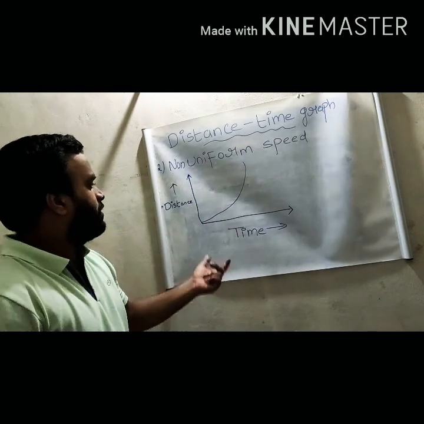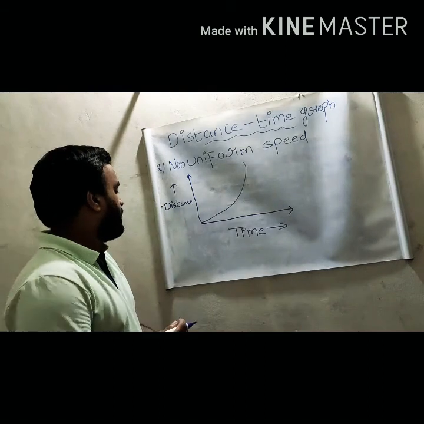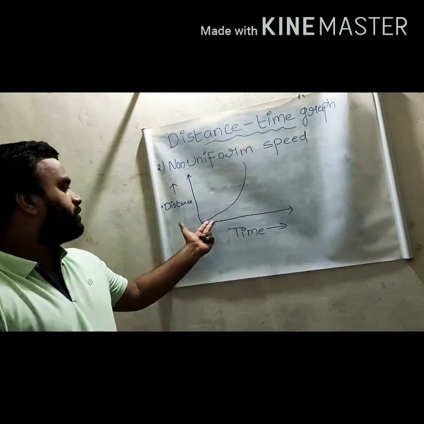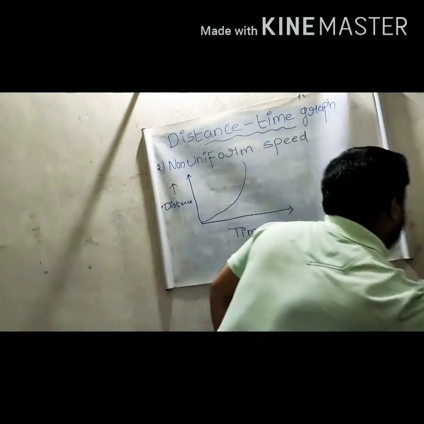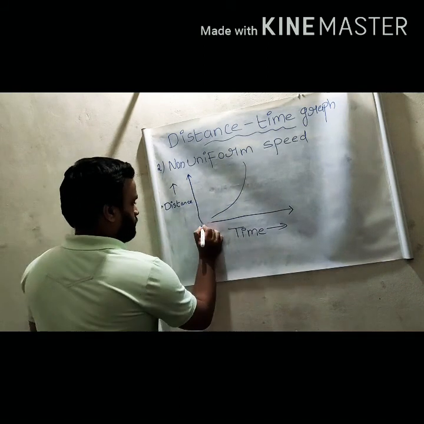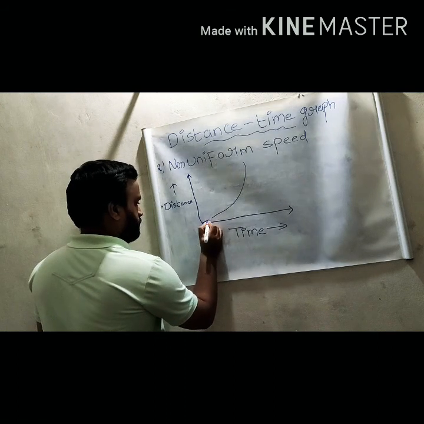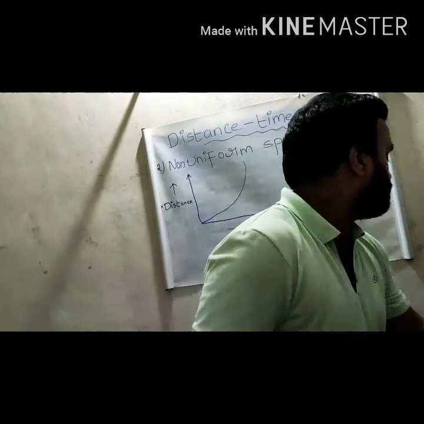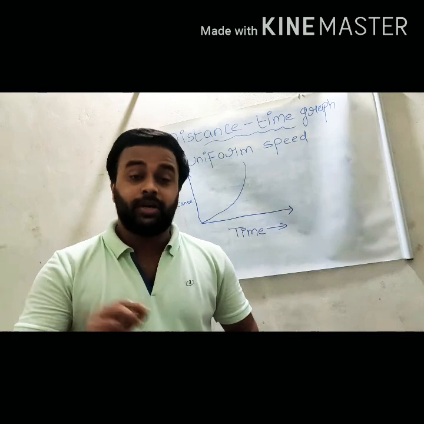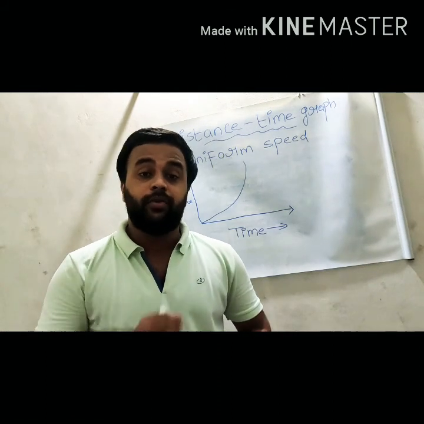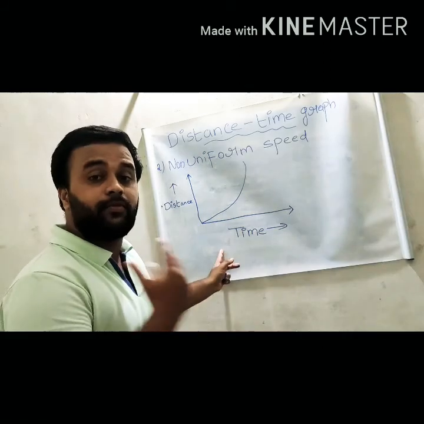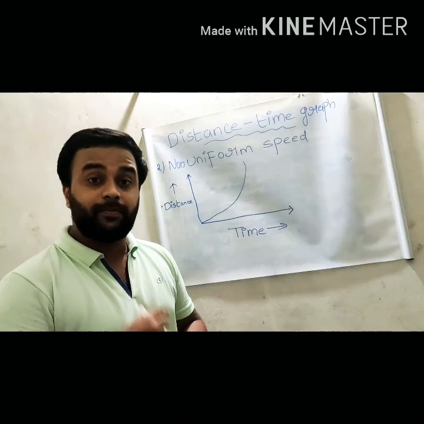So the graph looks like this, from the origin. This is the distance time graph for an object moving with non-uniform speed.